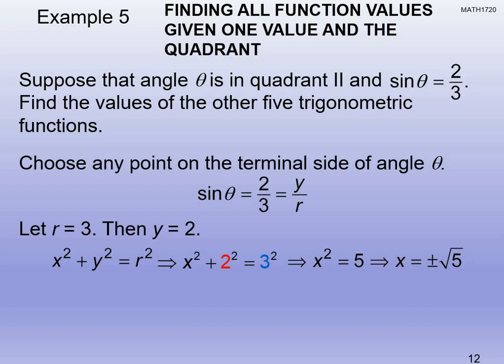It's plus or minus, and in this scenario we have to choose correctly. It's the negative one, because cosine is negative in the second quadrant. X's are negative in the second quadrant.